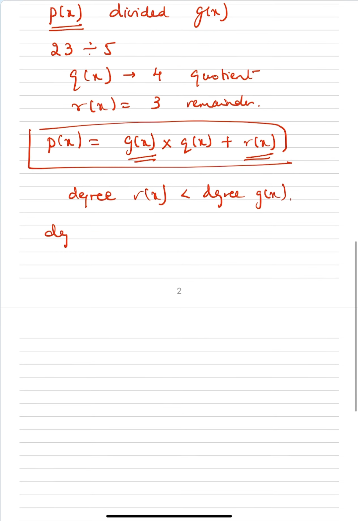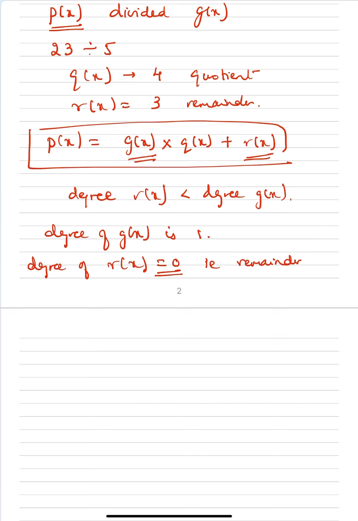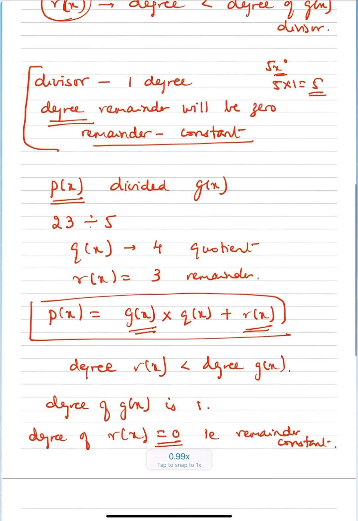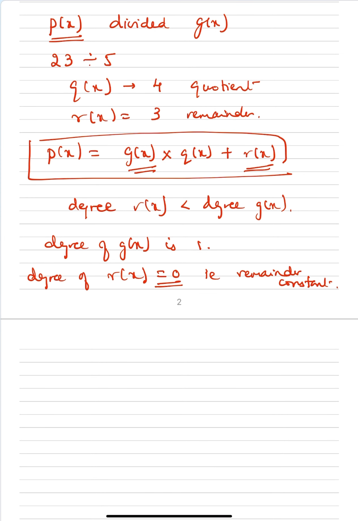And if the degree of g of x is 1, then the degree of r of x will be 0, that is, the remainder will be a constant. Got it? This is nothing but division of a polynomial. This same theory we will do by understanding an example, so we'll be able to understand.